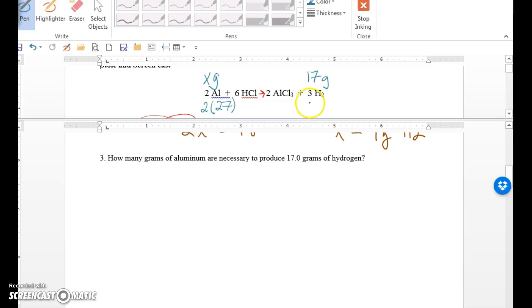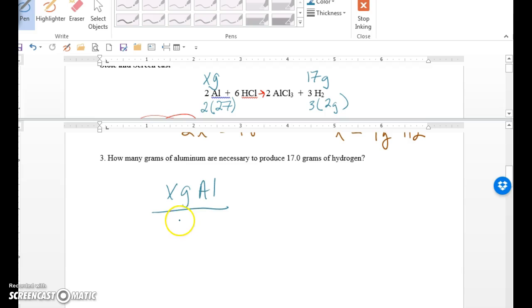Again, mass, I'm going to bring down the coefficient. 2 H's is 2 grams. And so that's now my setup for my mass-to-mass problem. So X grams of aluminum over, you can multiply this out in your head if you like, or you can leave both numbers. It doesn't matter.